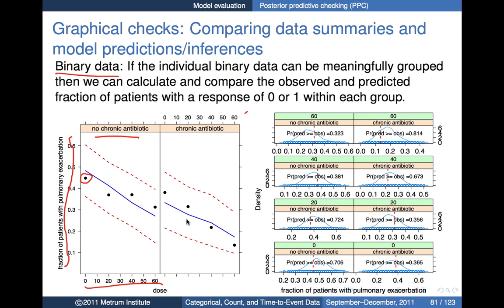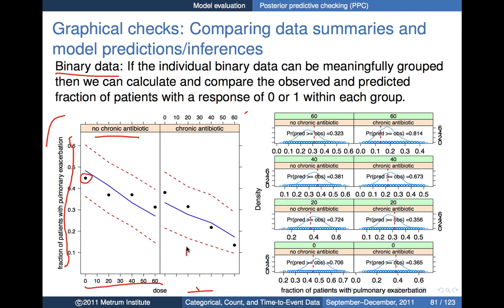So that's what we're looking at on the left. On the right, you're looking at another representation of essentially the same posterior predictive check, but giving somewhat more comprehensive information. Imagine you're going to take one of these points. Let's take under chronic antibiotic here, the 20 milligram group.